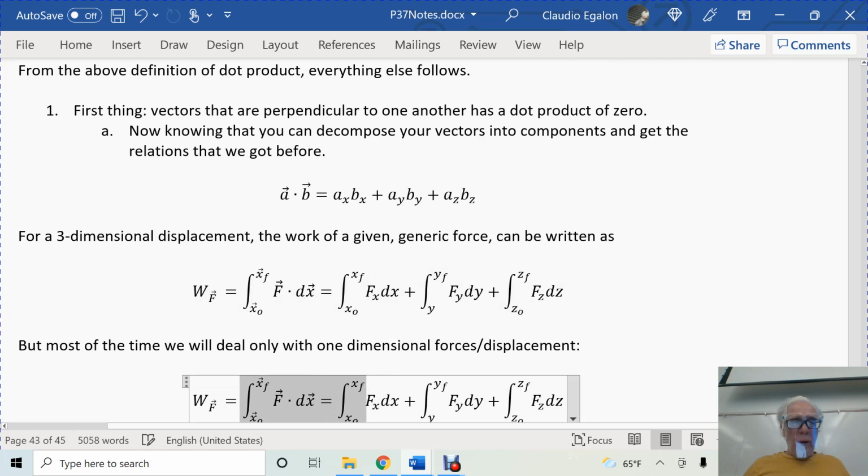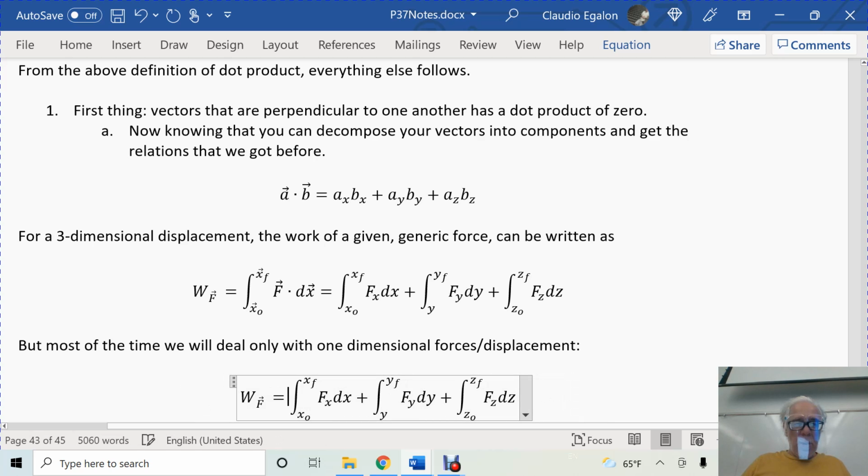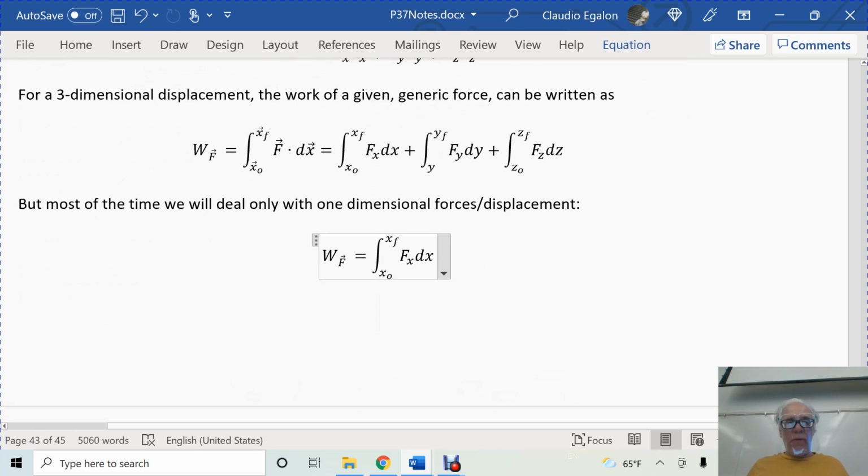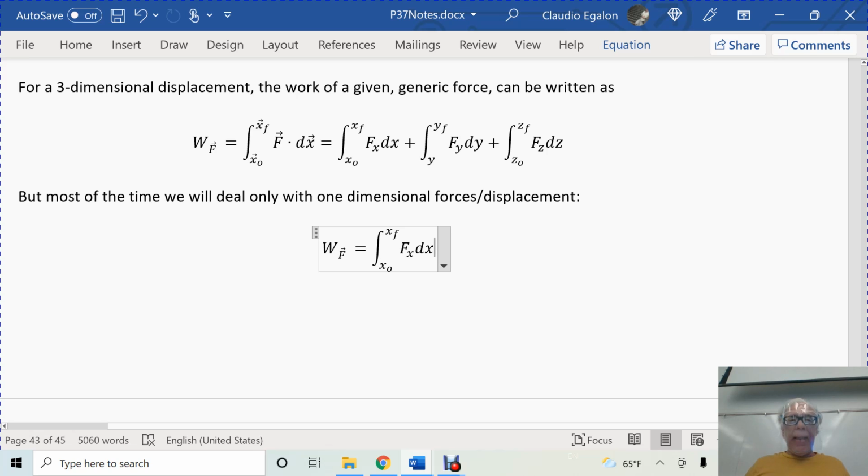All you have to worry about is the integral of the component of the force along the x direction, dx. Okay, like that.